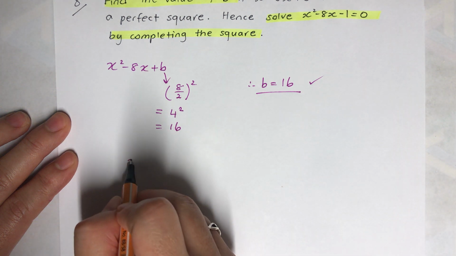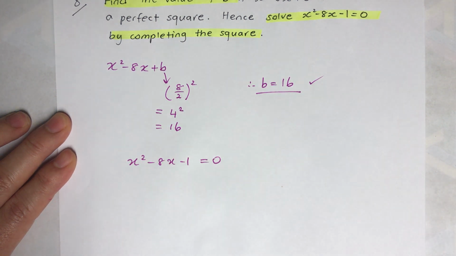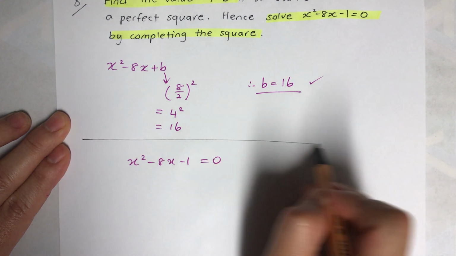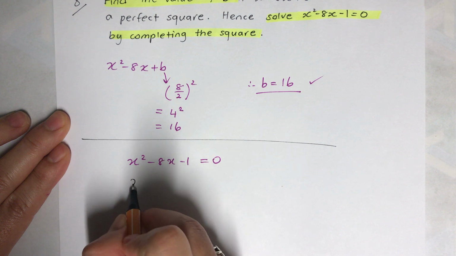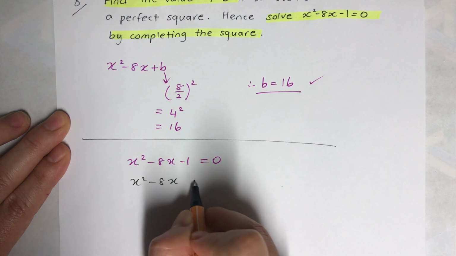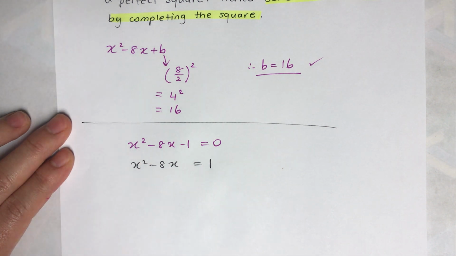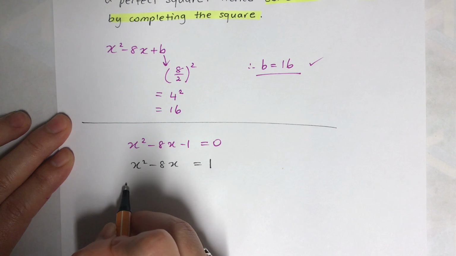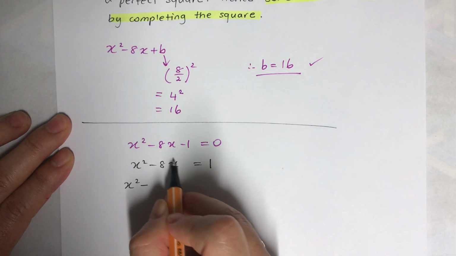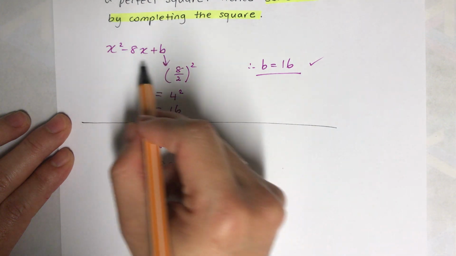Now we have to solve this. Solving by completing the square, the first step is I'm going to move the constant to the other side. Yeah, it'd be really helpful if you can watch the completing the square video. And then I'm going to complete the perfect square here.